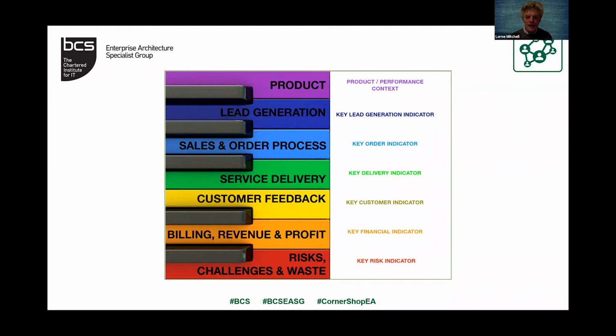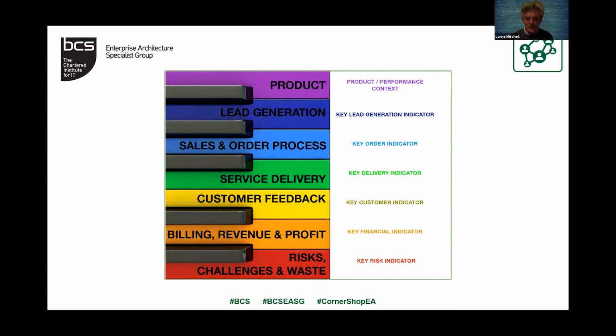And in certain dire consequences, the bottom indicator, which are the risks, challenges, and waste. Waste is another good one to go for. That can be in a service company as well as a product company, looking at wasted resources, wasted work. So that's my piano keyboard of key performance indicators in color, which I use.